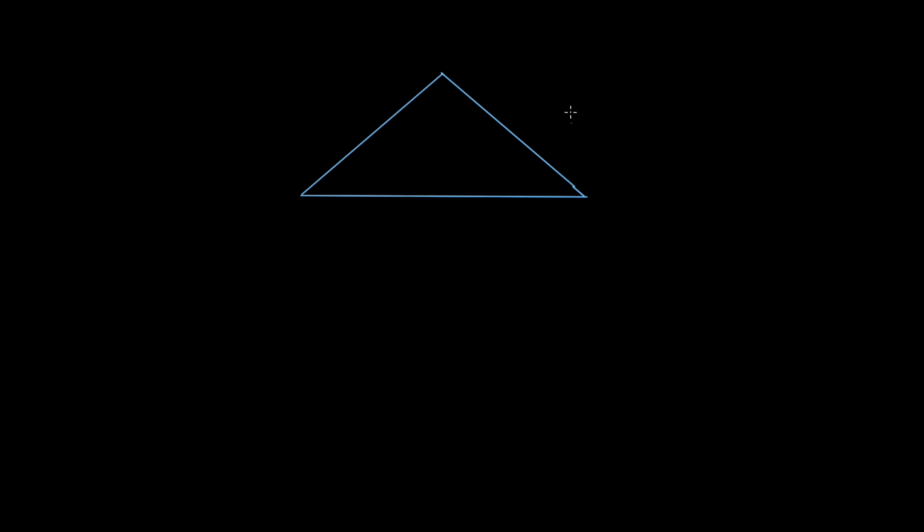So let's start by labeling its vertices. I'm going to say A, B, C. And the important thing to understand is that if I have an angle labeled A, then my side opposite that angle should be labeled with the same letter.